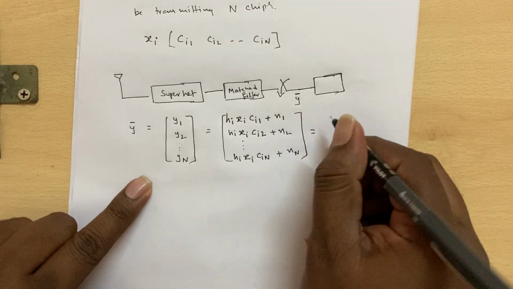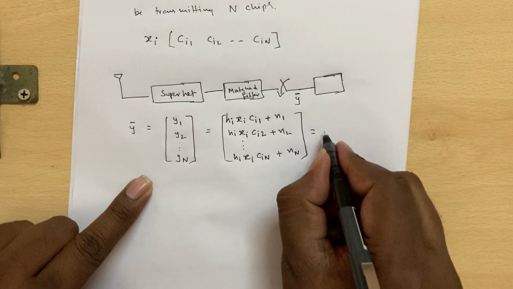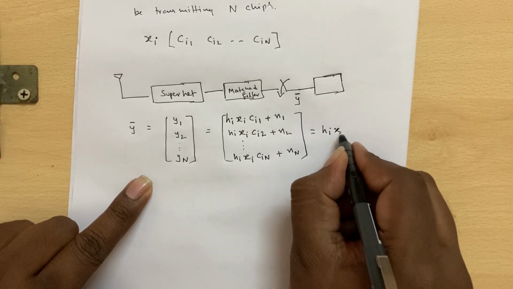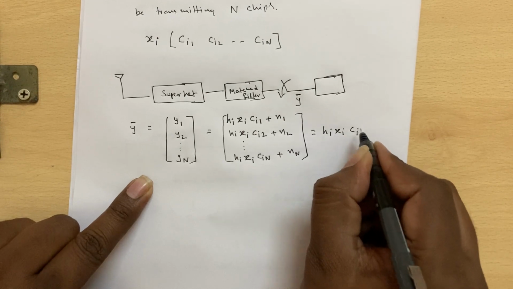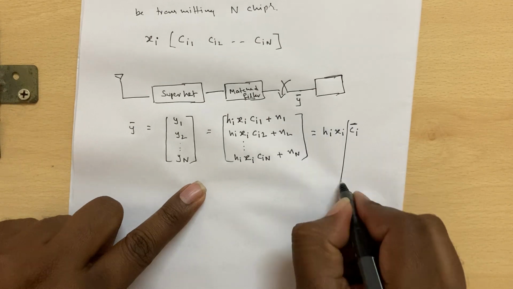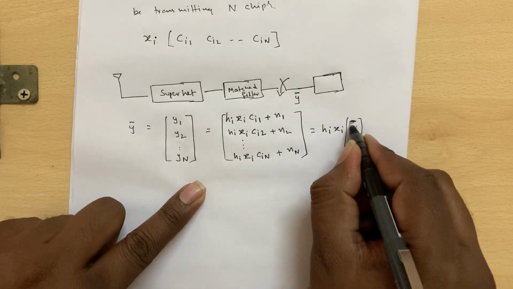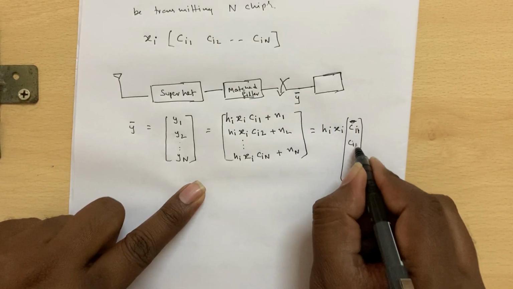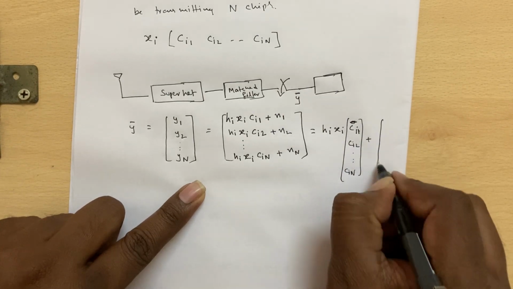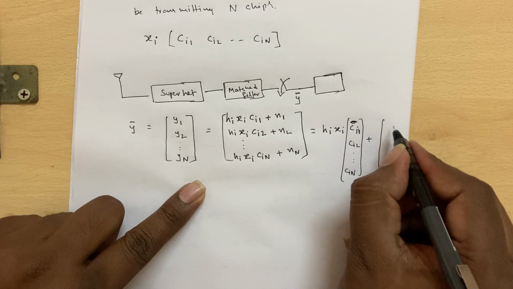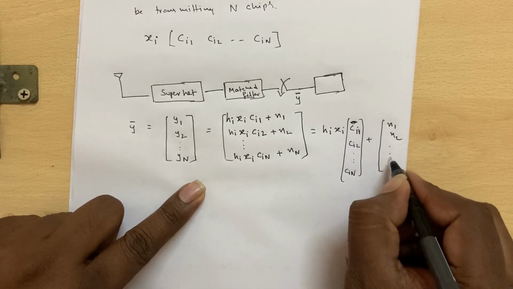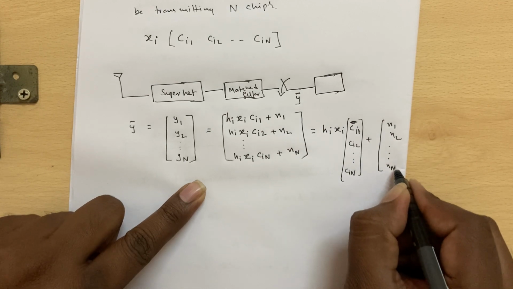You can also write this in vector format. This has Hi into Xi times the code vector Ci bar, that is Ci1, Ci2 up to CiN, plus the noise vector, n1, n2 up to nN.